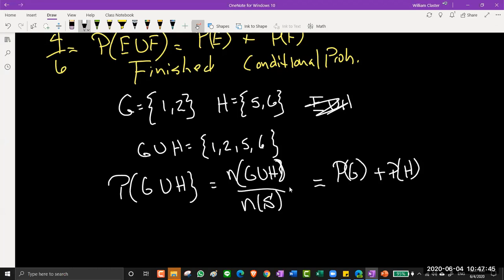So we can say, well, let's check and see if that's true. Well, G union H is up here, and there's 4, so this has 4 on the top, and the bottom has 6. So, okay, that's that side. Now, how about here? What's the probability of G?